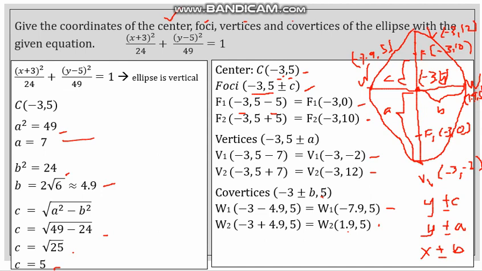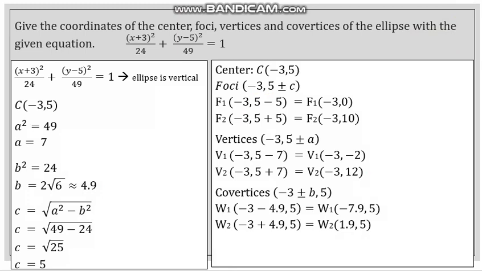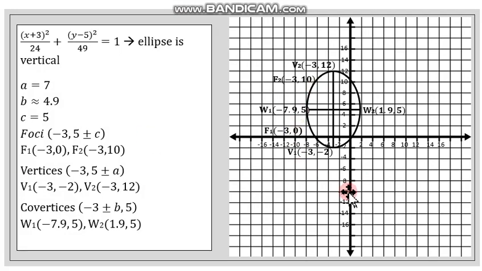Always draw your ellipse so that you can identify the coordinates. So this is our ellipse. We expect it to be vertical. The center is at negative 3, 5.